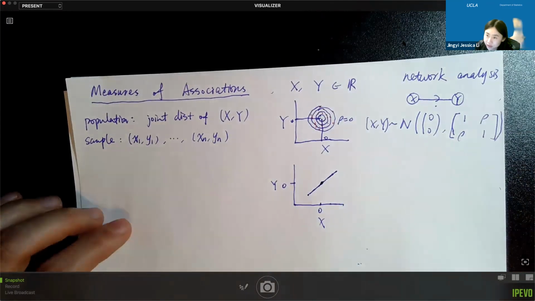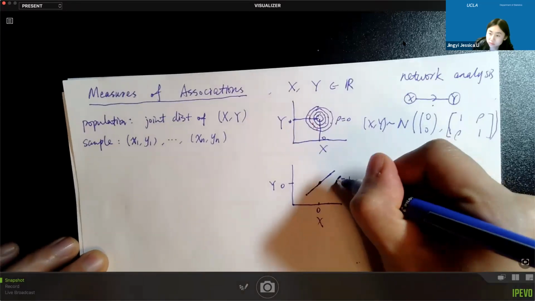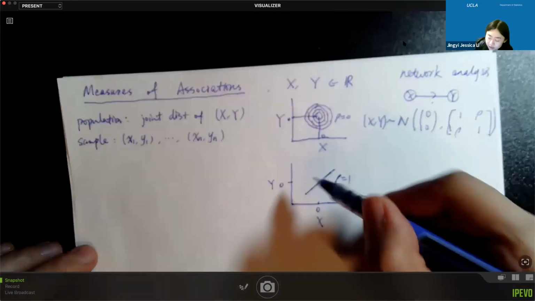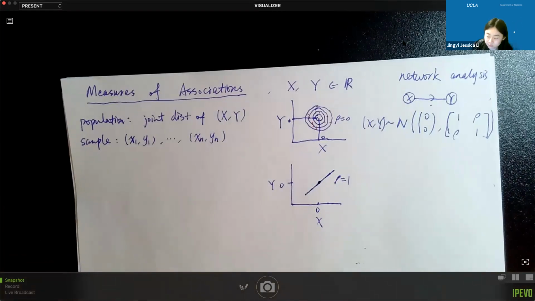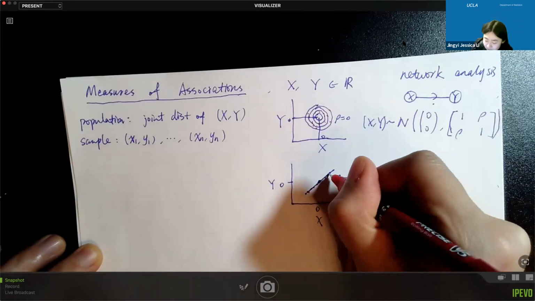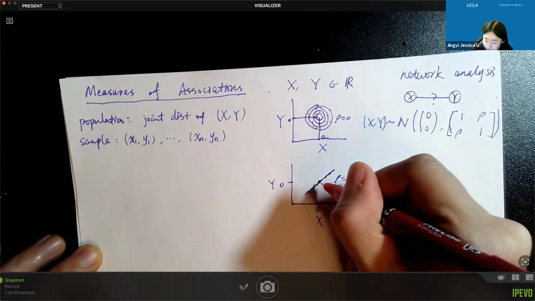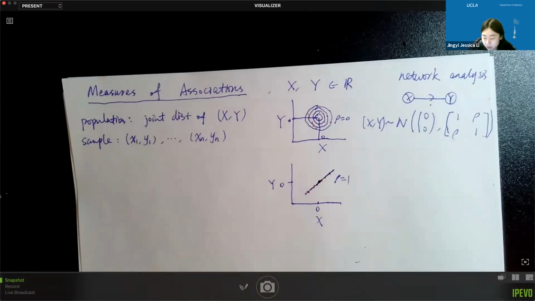That means perfect correlation. So this is rho equals 1. And then you can see when rho is equal to -1, you're going to have the other direction, still a diagonal line. And if you draw a sample from it, then the sample will be lying on the line. And the higher density will be near the center. So that's what you would expect.